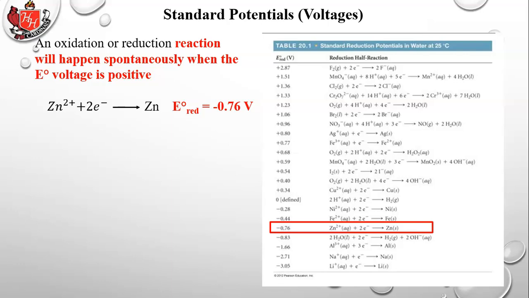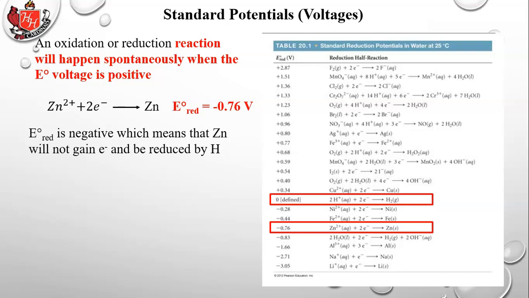Well, that's a negative number. It's a negative 0.76. That means that's not going to happen naturally. Remember, in our electrochemical cell, the zinc gives off the electrons. It's in the anode and it gives off the electrons. So zinc here in this reaction is shown as taking in electrons. That's not going to happen naturally. So that's why the reduction potential is a negative number.